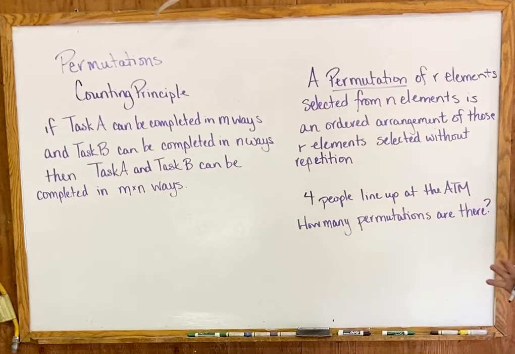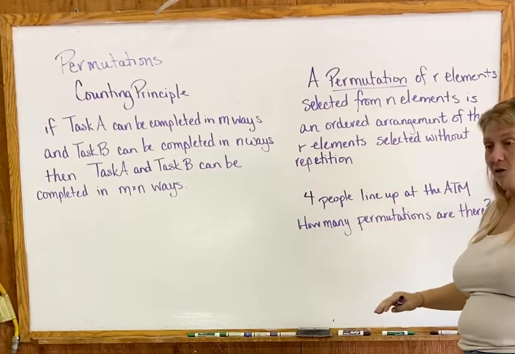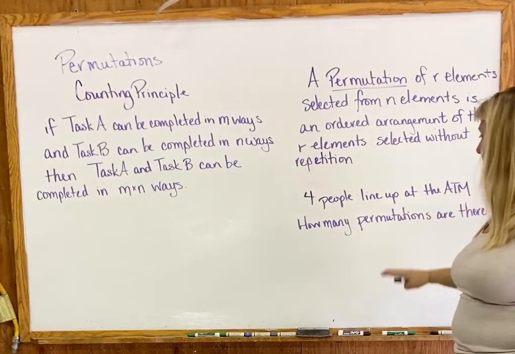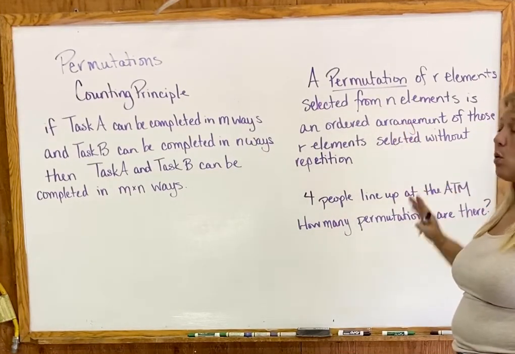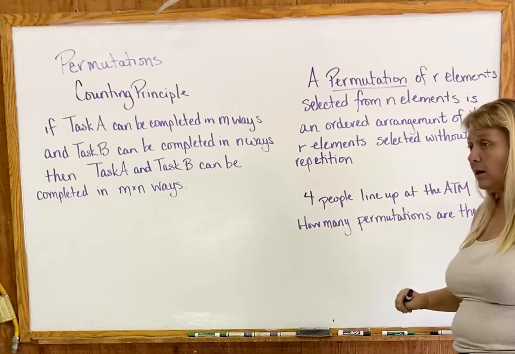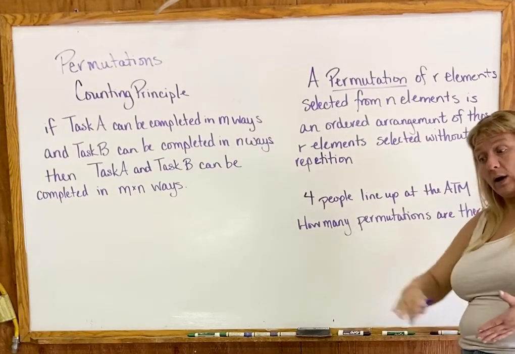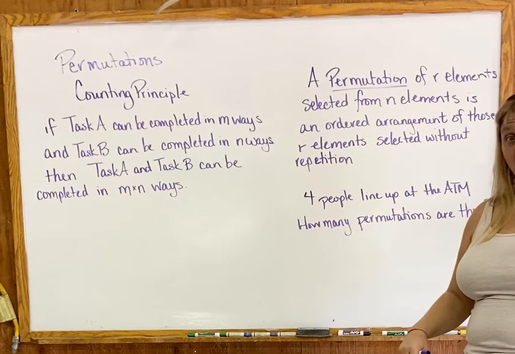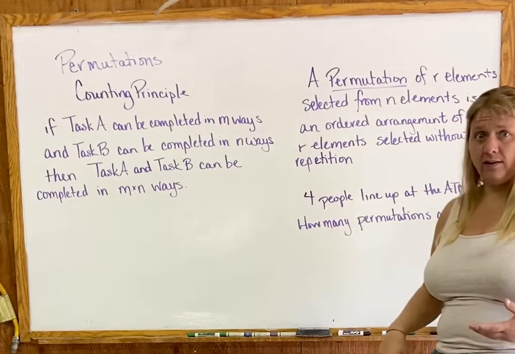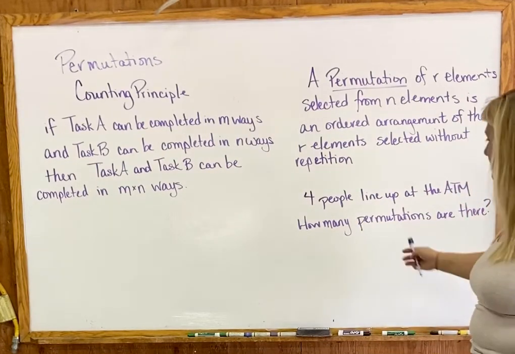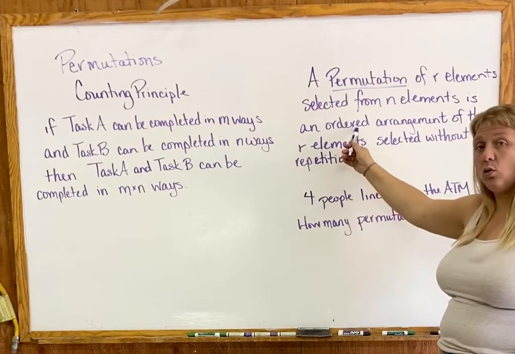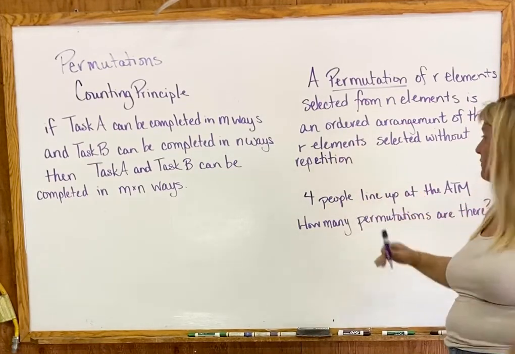Okay, so let's make sure that this follows the rules here. There are 4 people and they're all fighting to get to the ATM first. So there's an ordered arrangement, and that means that if you're one of the 4 people, where you are in line makes a difference, right? If you're first in line, woohoo! If you're fourth in line, not so woohoo. So there's definitely an ordered arrangement because the people are different people.